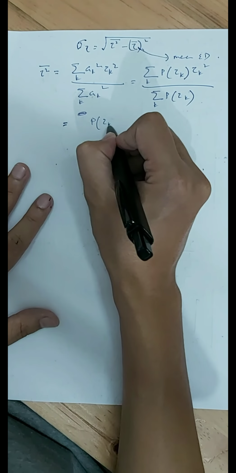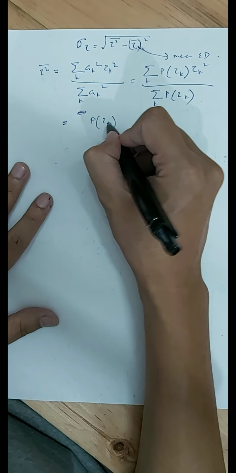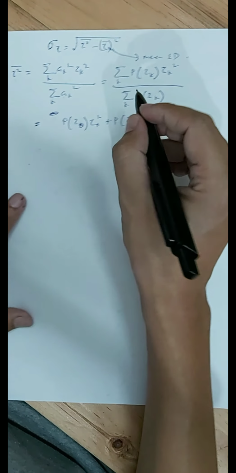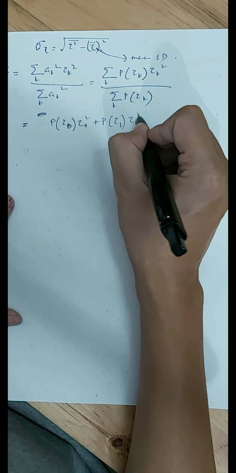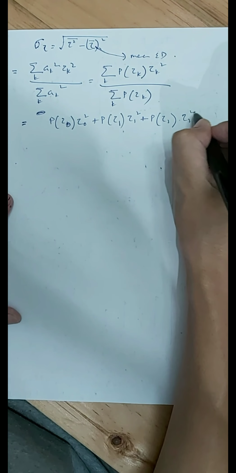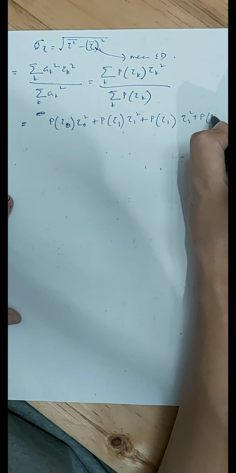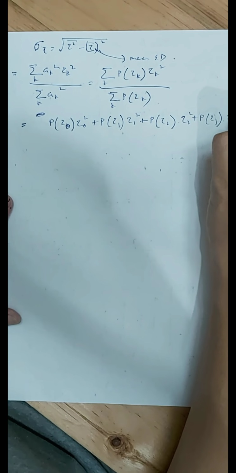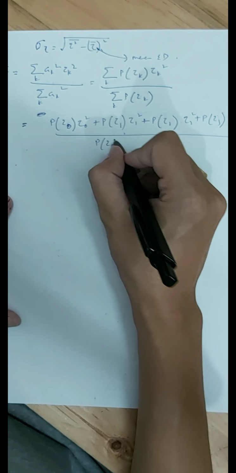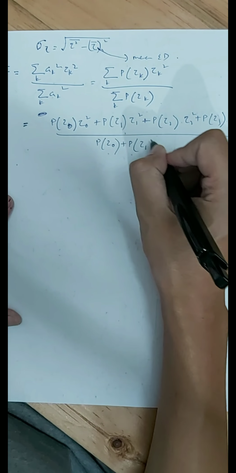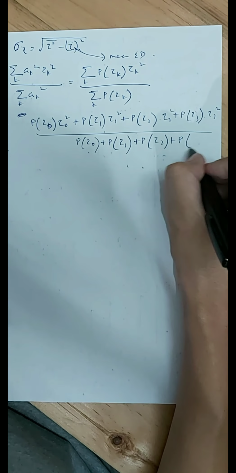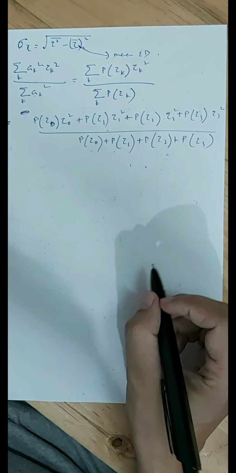So how will we write this formula? p tau 0 into tau 0 square plus p tau 1 into tau 1 square plus p tau 2 into tau 2 square plus p tau 3 into tau 3 square, divided by p tau 0 plus p tau 1 plus p tau 2 plus p tau 3.